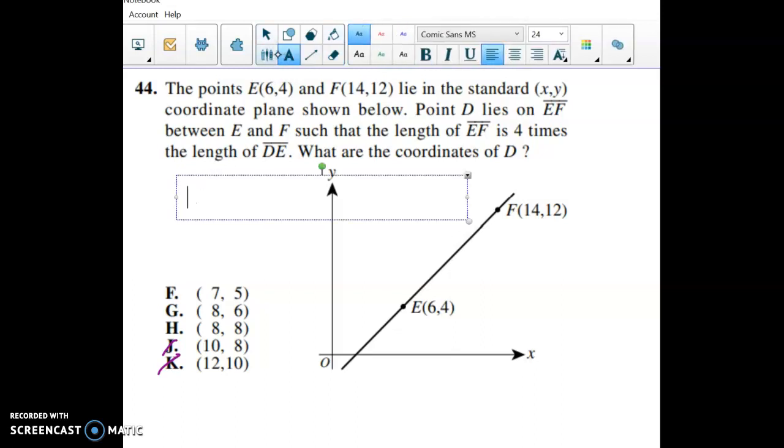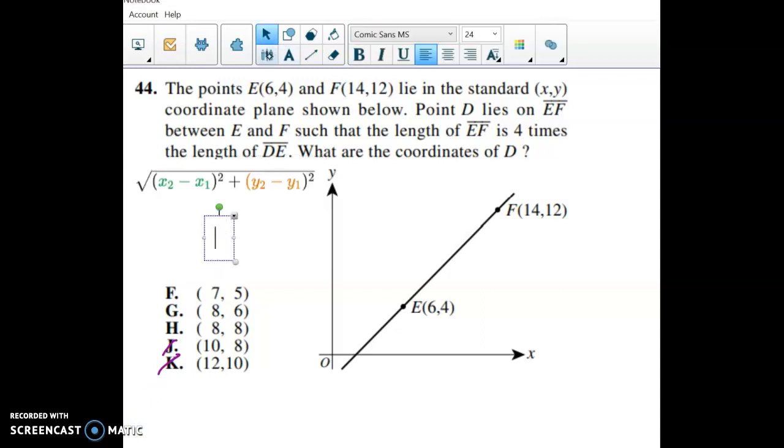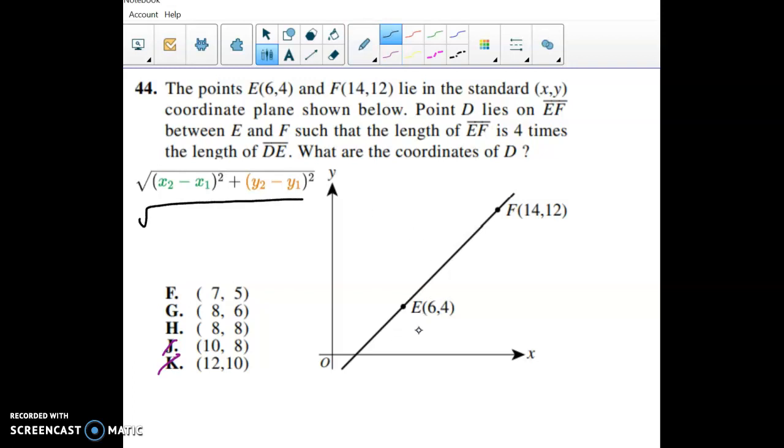Okay, and if you forgot the distance formula, I'll throw it up here quick. Basically we have to subtract the x's, square that, subtract the y's, square that, and then take the square root of everything. So if we do E to F, I'm going to subtract my two x's, so that's 6 and 14. And it really doesn't matter the order here, because once you square, I'm either going to get 8 or negative 8, but once you square it, it's still going to be 64.